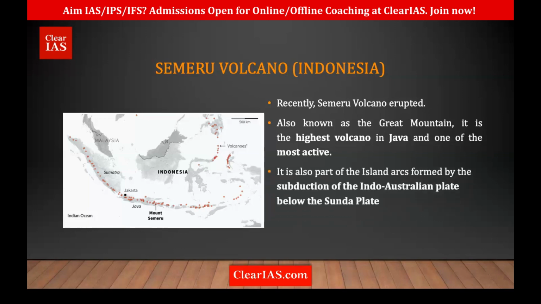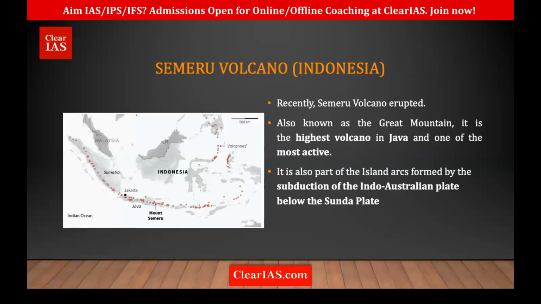It's in Java. And why does volcanic eruption happen? When two plates collide, when continental collision happens, or continental plate and oceanic crust collision happens, one sinks under the other. So that means in that area there is a high chance of what? Volcanic eruption. Right.